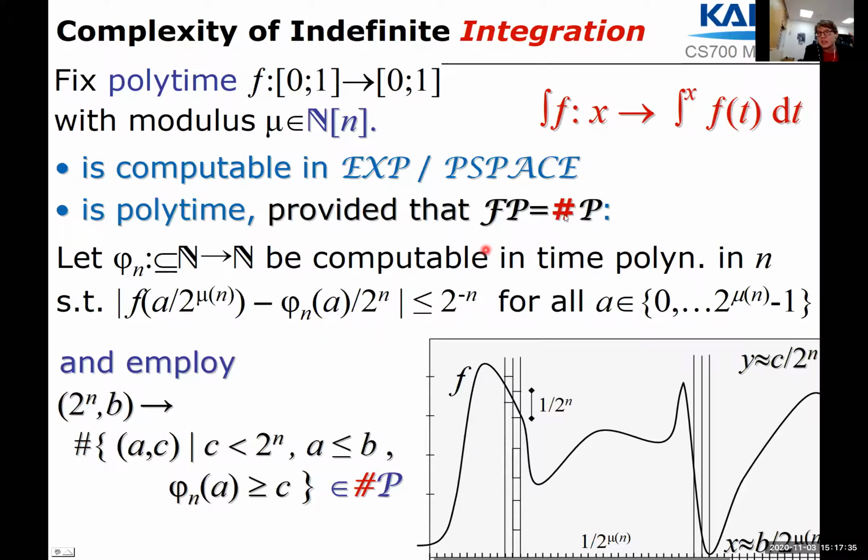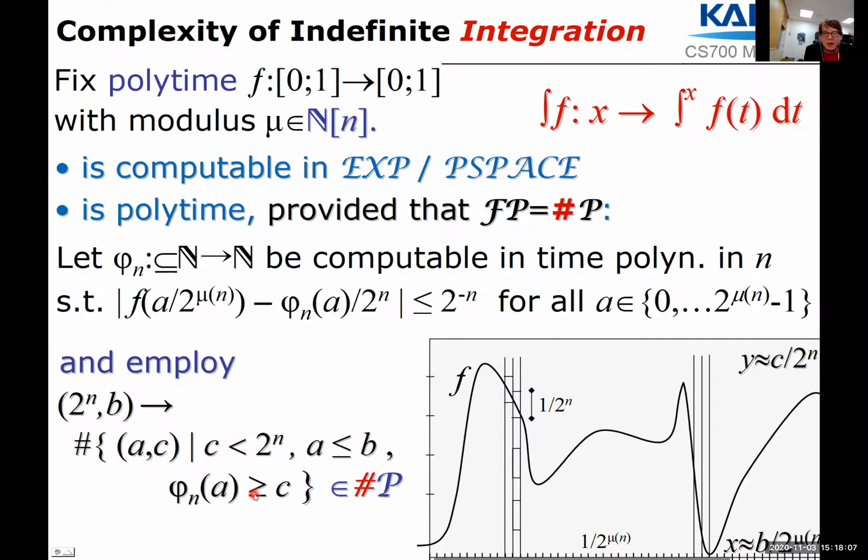Under this very strong hypothesis, which is stronger than P equal to NP, as you recall from our complexity picture, because sharp P is intuitively a larger class, being able to tell how many witnesses there are entails being able to tell whether there exists a witness, namely by checking whether the number of witnesses is greater than 0 or equal to 0. So that provides more information.